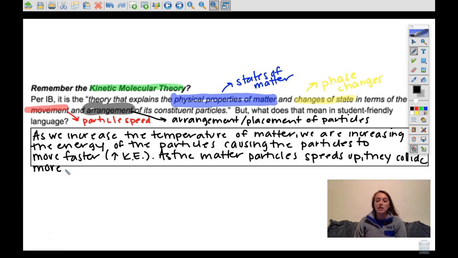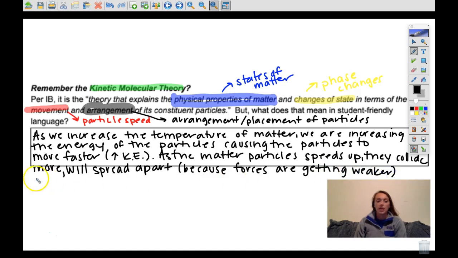The particles, as they collide more, will spread apart. Because the forces are getting weaker. And the states of matter will change.